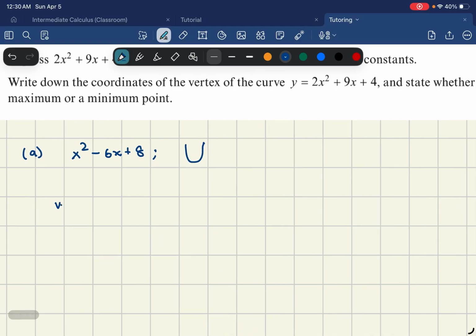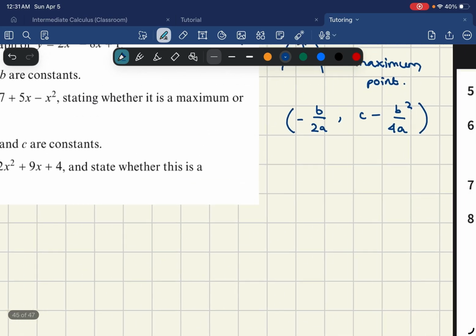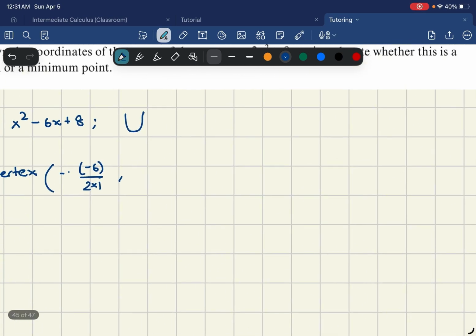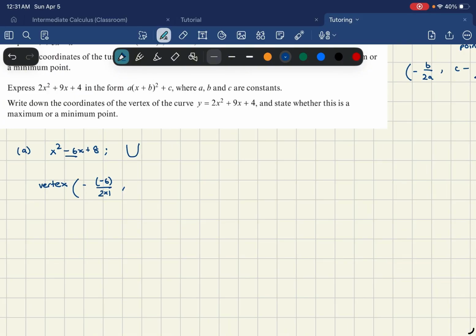So the x-coordinate of the vertex is minus b over 2a. Minus b is negative 6, over 2 times a, which is 1.